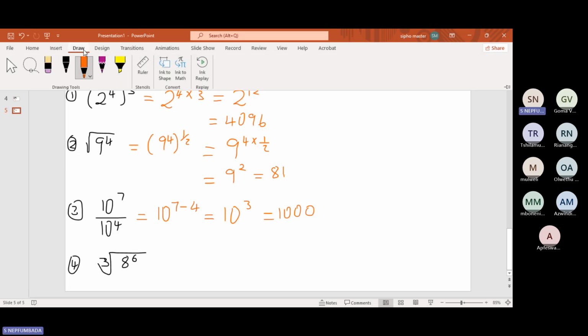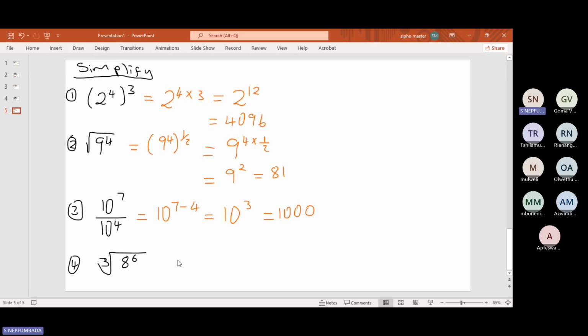So this is the same as 8 to the power of 6, to the power of 1 over 3, which is 8 to the power of 6 over 3, which gives us 8 to the power of 2. And what is 8 to the power of 2? 64. Is it difficult?